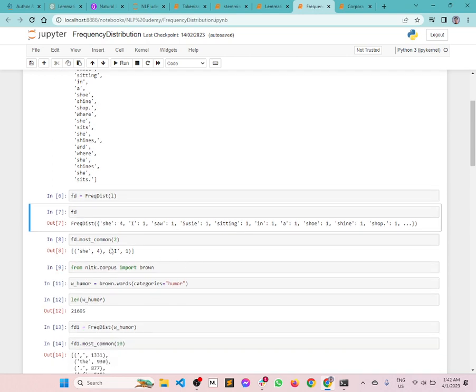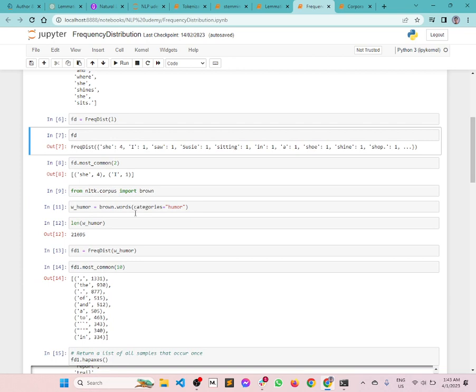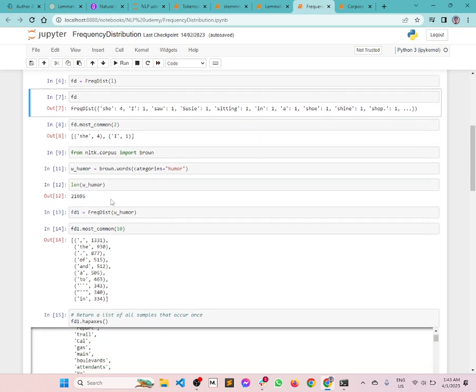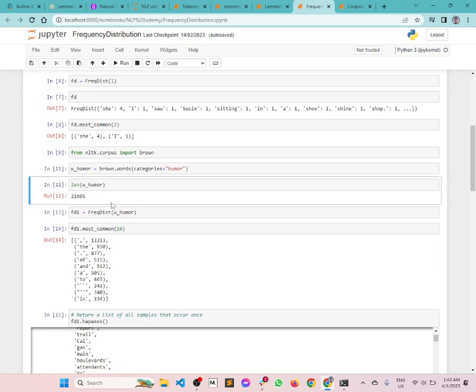So if we try to find the most common words, we get 'she' and 'I' as the most common in these sentences. Then we import brown, which is a corpus. If we use the category humor, the humor size is 21,695.